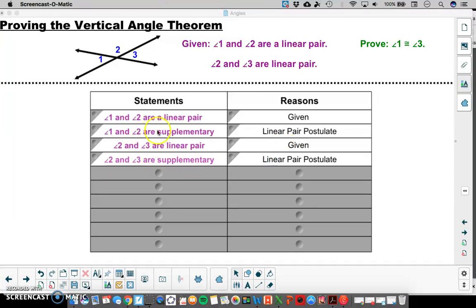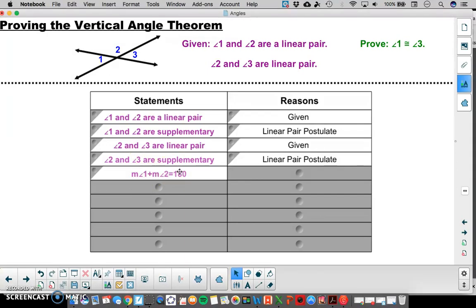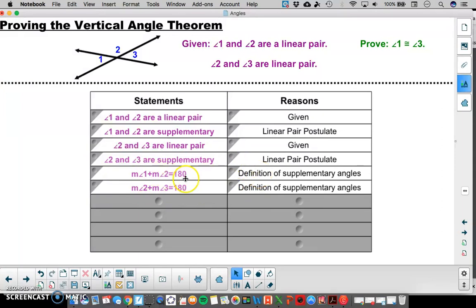Now we've shown some relationships here between angles 1 and 2 and 2 and 3. So because we know they're supplementary, we know the measure of angle 1 plus the measure of angle 2 equals 180. And we know the measure of angle 2 plus the measure of angle 3 equals 180. Both because of the definition of being supplementary.